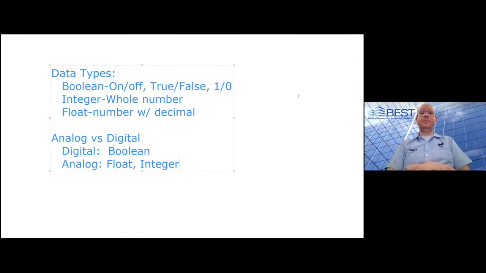So when we talk about analog data or digital data, we're really talking about our data types and putting a general category around them. Making sense so far? Okay.